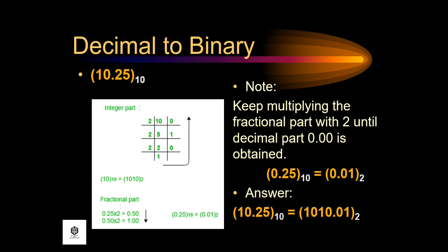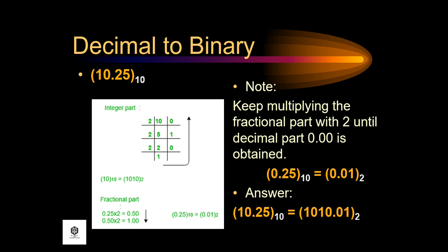Another example for decimal to binary. The given number is 10.25 in decimal. Take a look at the screen. Take note: keep multiplying the fractional part by 2 until the fractional part 0.00 is obtained.